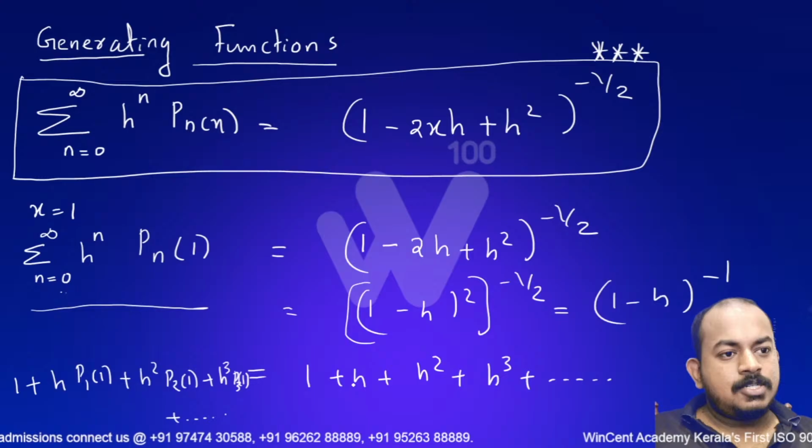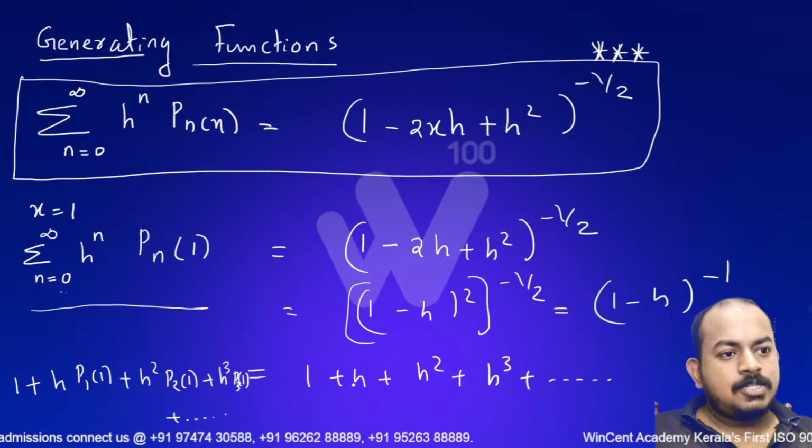So that is our first property. We got Pn of 1 equals 1. That means P0 of 1 equals 1, P1 of 1 equals 1, and P10 of 1 is also equal to 1.